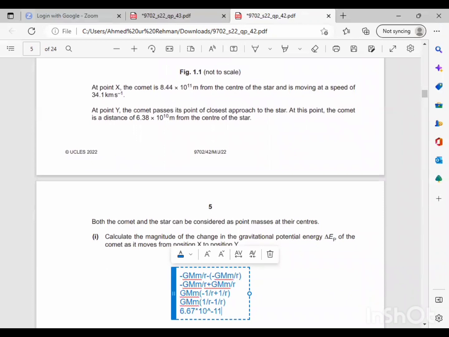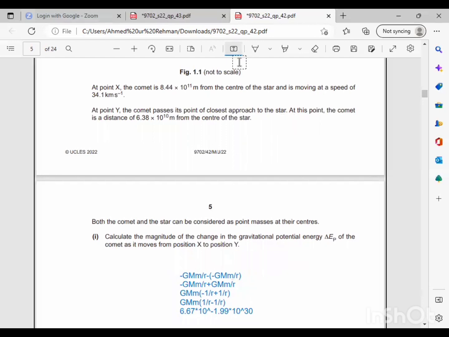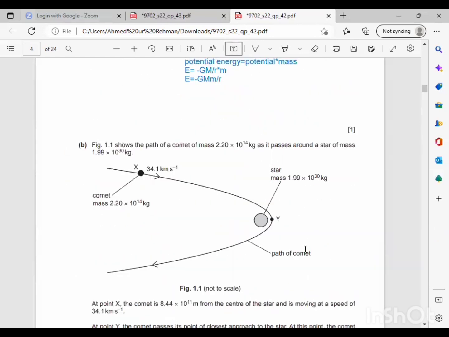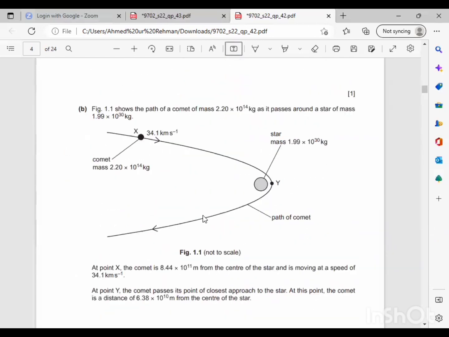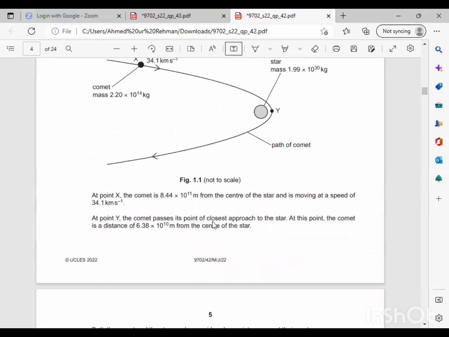So let me just input that: 1.99 into 10 to the power 30. And the mass of the comet is 2.20 into 10 to the power 14.